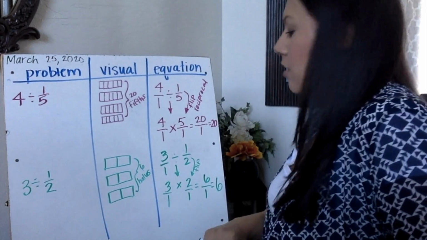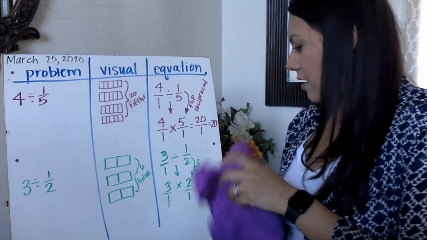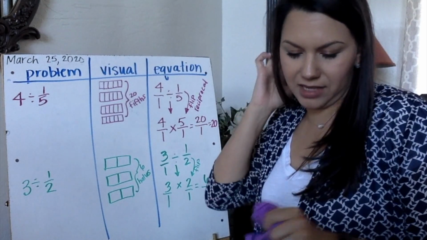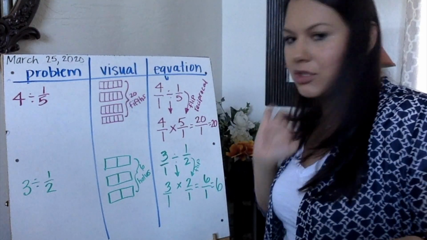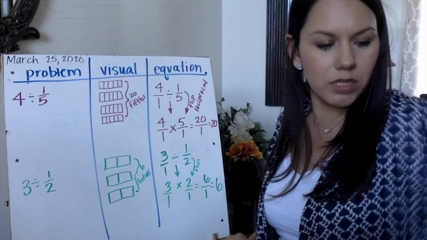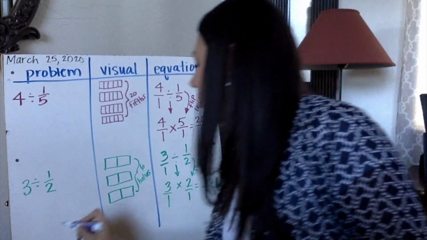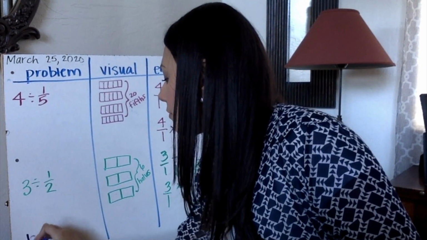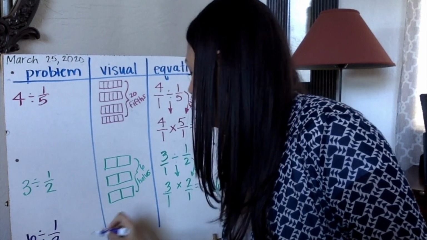Now we have one more to do. Do we have room? We have room. We can do it. Okay. I'll do purple. We have 6 divided by 1/3. Okay.